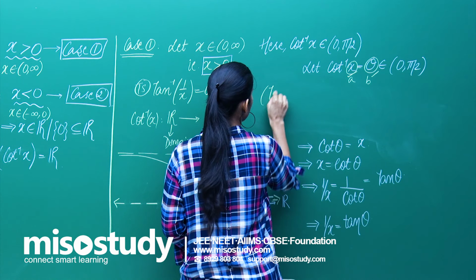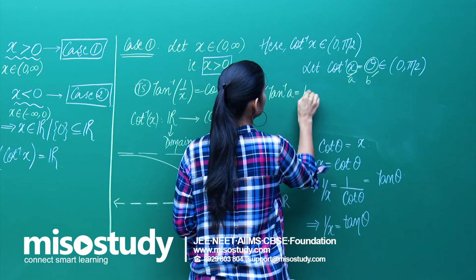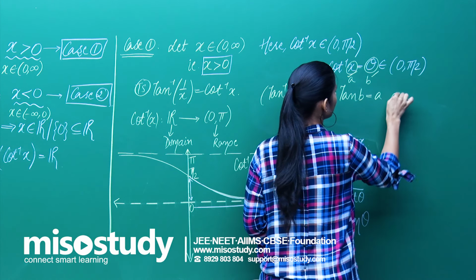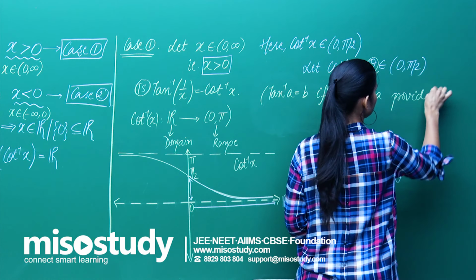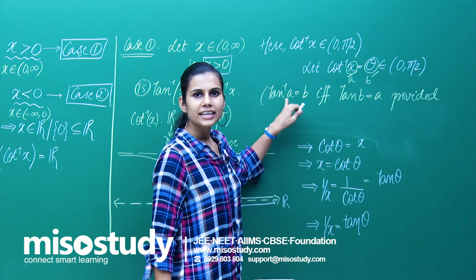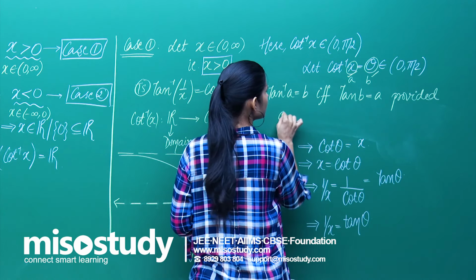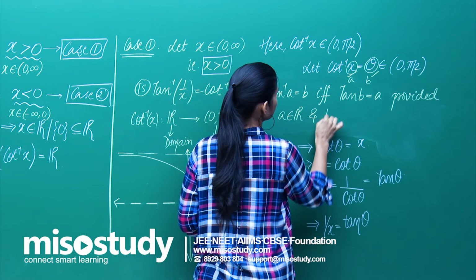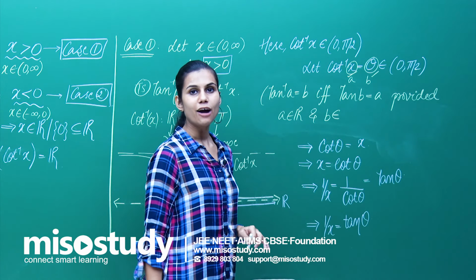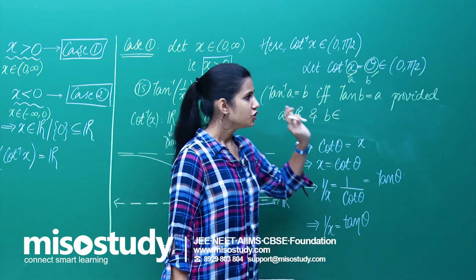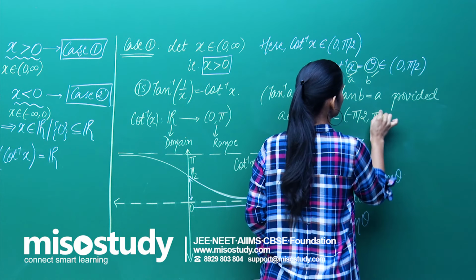The result says that tan inverse A equals B if and only if tan B equals A, provided A, which is the input for tan inverse or output of tan, comes from the domain of tan inverse or the range of tan, which is the collection of all reals, and B, which is the output of tan inverse or the input of tan, comes from the range of tan inverse or the domain of tan, which is the open interval minus pi by 2 to pi by 2.